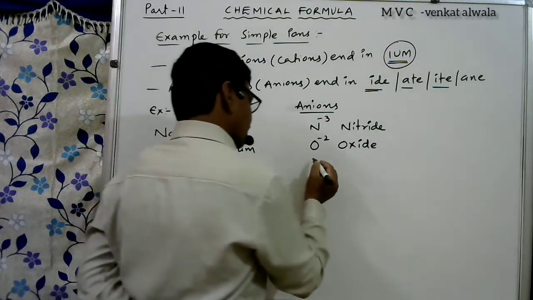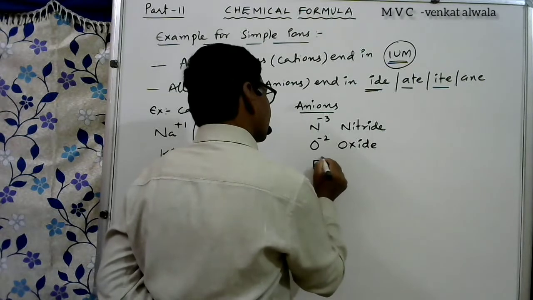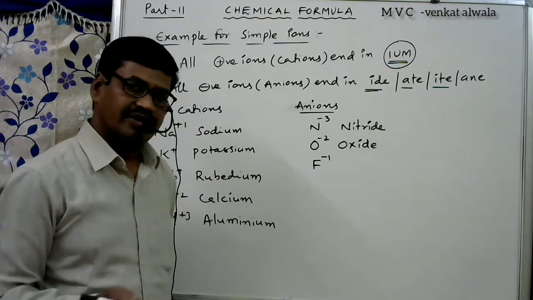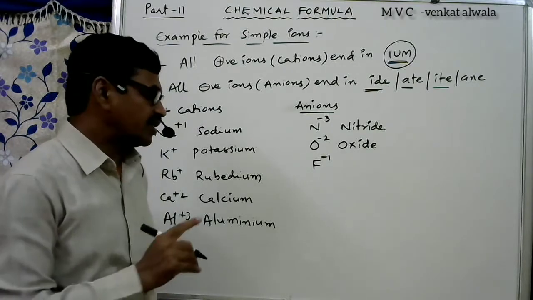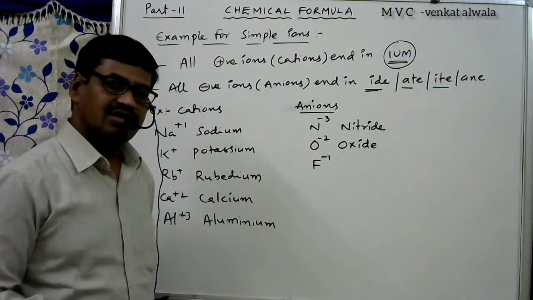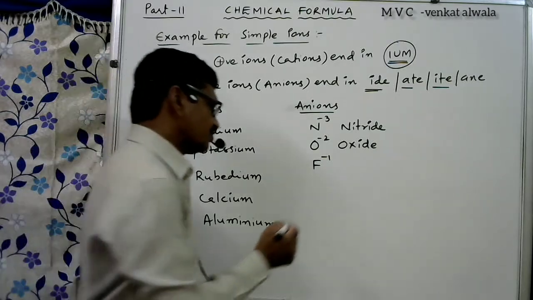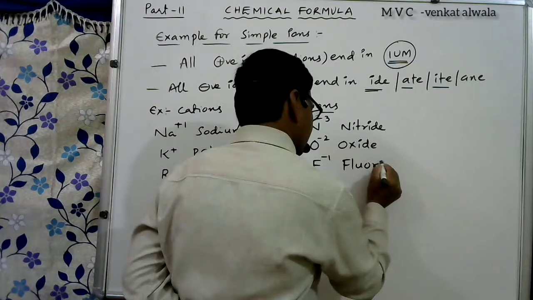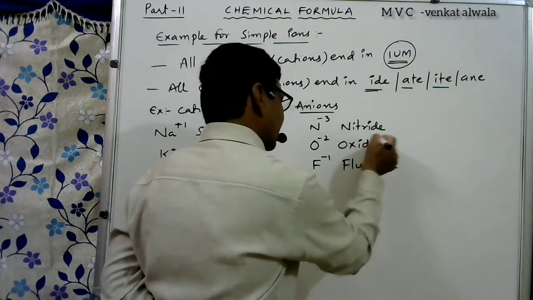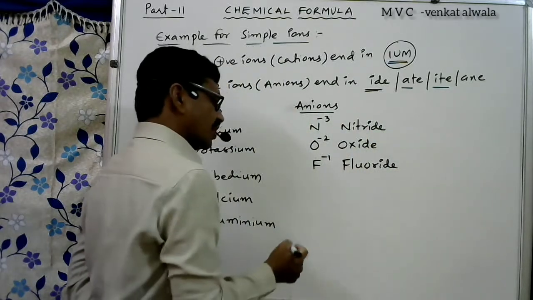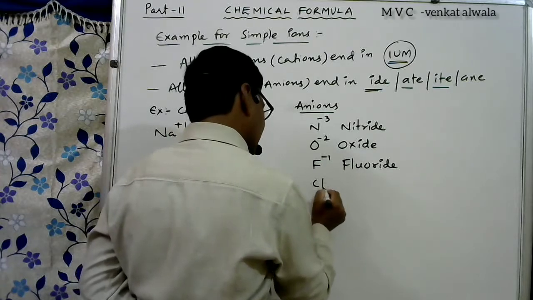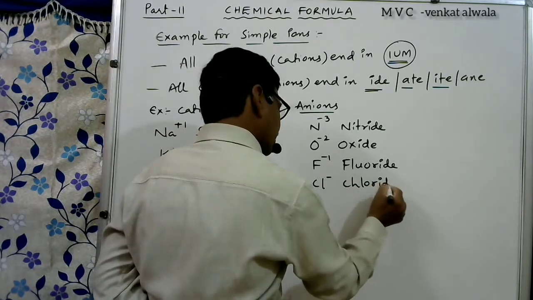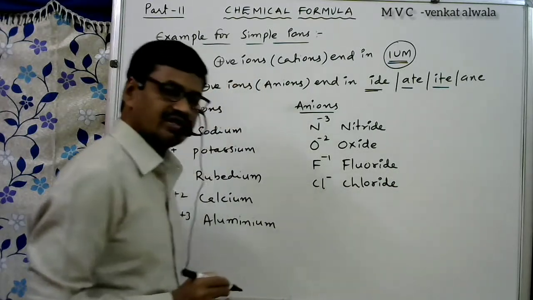Then similarly, F minus, the number of electrons in fluorine is 9. After adding one more electron, it will get a -1 charge and attain the stable electron configuration of neon. So this is fluoride. So for all these, we have ide ending, simple ions. Similarly, Cl minus, it is chloride. 17 electrons are present in chlorine.